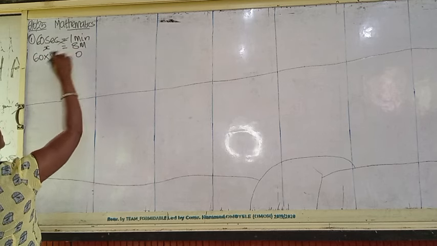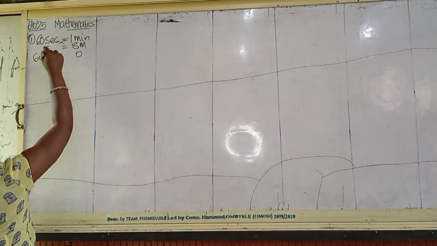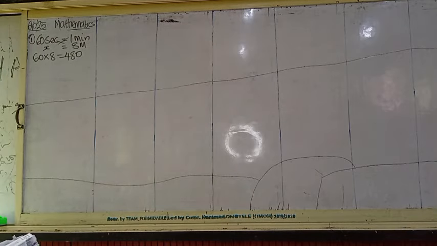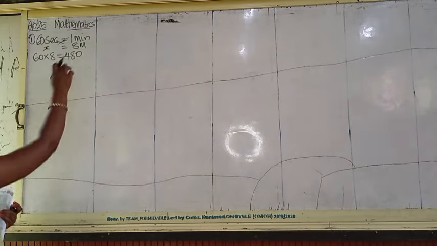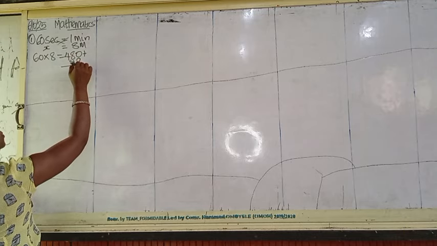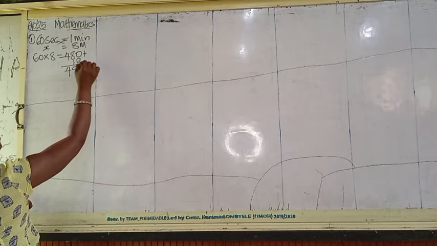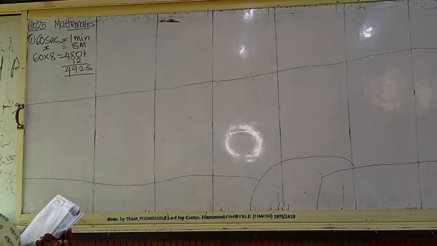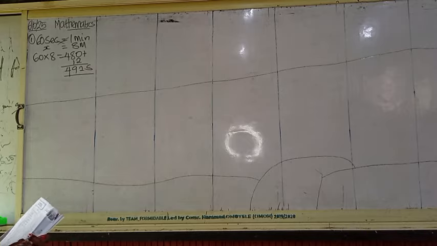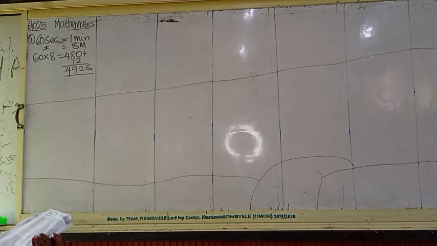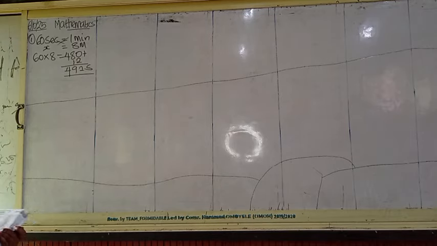That's 480. 480 plus the 12, which gives you 492. So we have 492 seconds in 8 minutes, 12 seconds. We have it as option what? Option C.